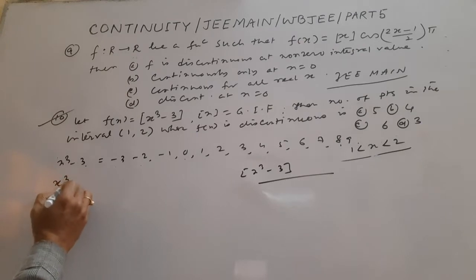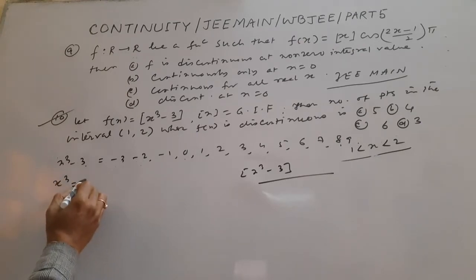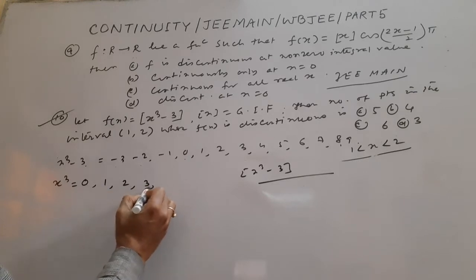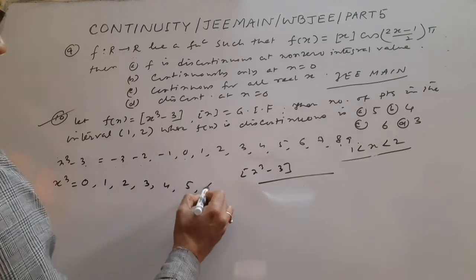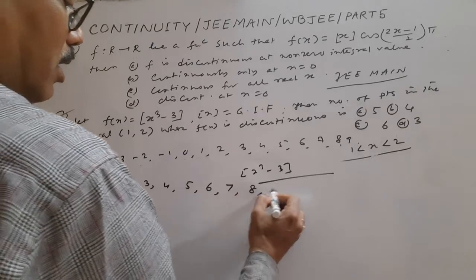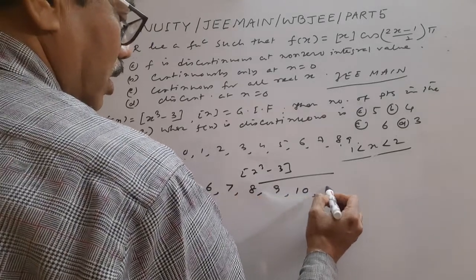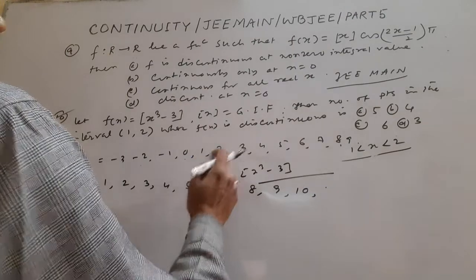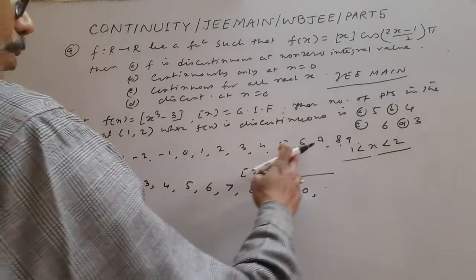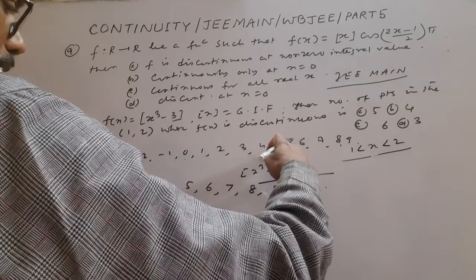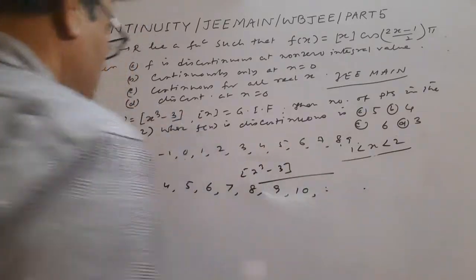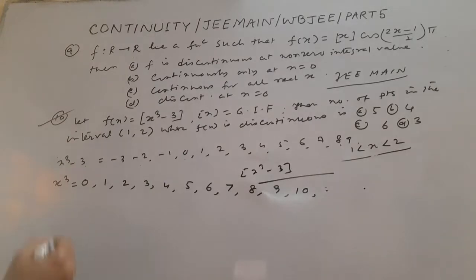So x cube minus 3 equals to, we are taking this. So what is x cube? X cube, adding 3: 0, this is 1, this is 2, this is 3, this is 4, 5, 6, 7, 8, 9, 10. Now what is x?